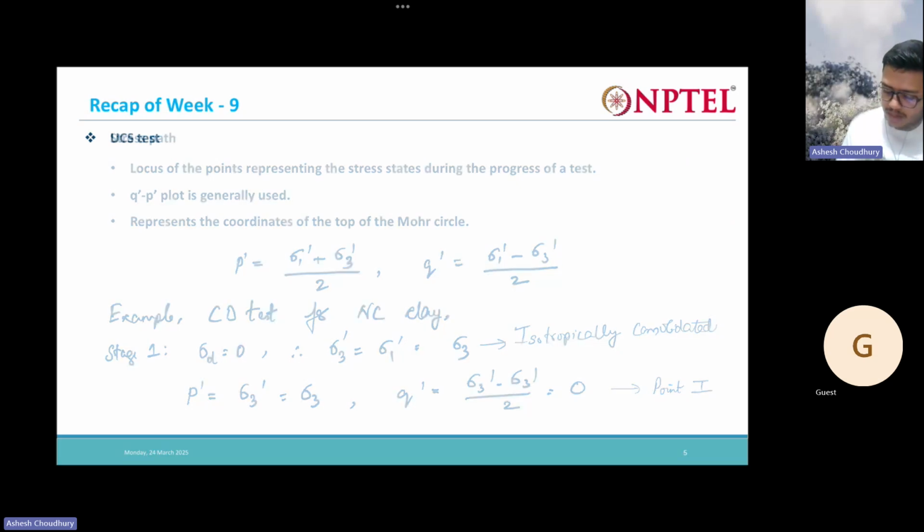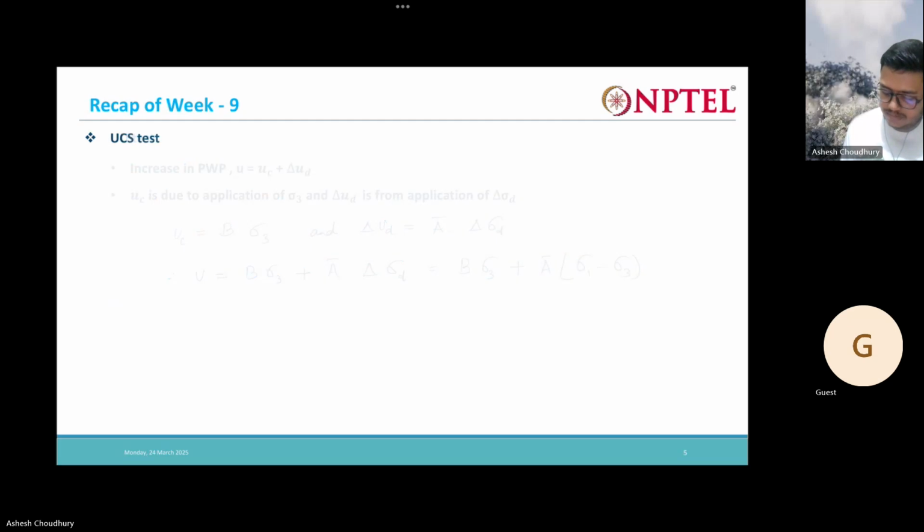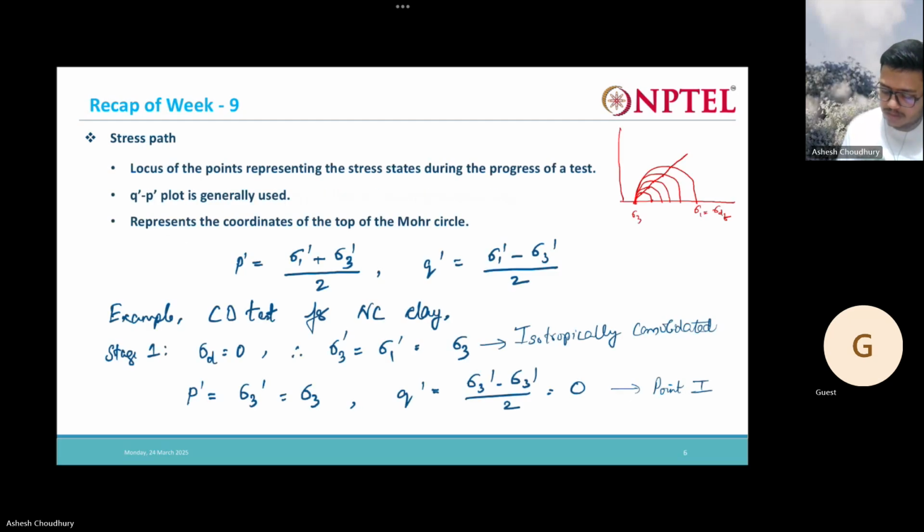So if we have a Mohr circle, this is sigma 3, this is sigma 1, right? So top means this point. From the axis, from here to here, it is sigma 1 plus sigma 3 by 2.